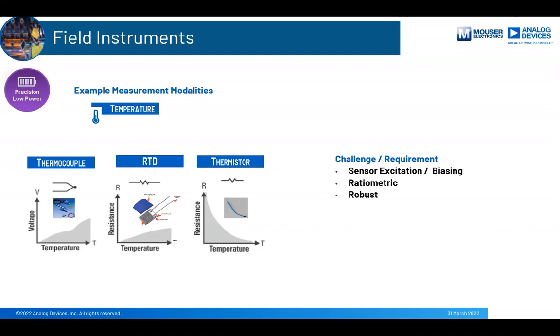But if we look at the solutions that are available from Analog Devices, and we'll go through some of these in a short while, we're not just addressing the design challenges, but we also bring capability that really enhances the end design, from space saving to sensor measurement to autonomous measurement and diagnostics as examples.